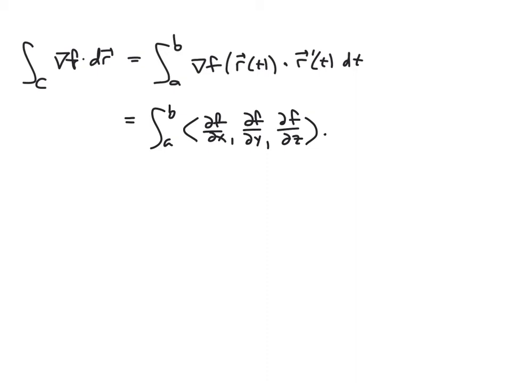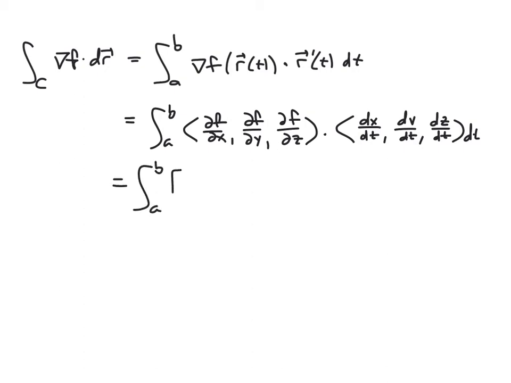And then r prime of t is going to be dx dt, dy dt, and dz dt. And again, if we're in 2 dimensions, we just leave out the third component of each of these vectors. Okay. Well, we know how to take a dot product.